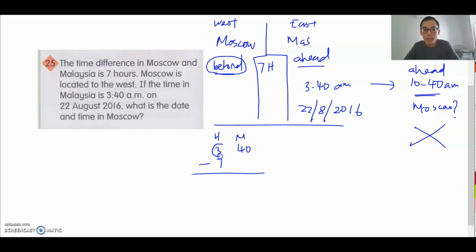Now, this 3 here, we can plus 12 hours, because it's a next day. So 3 plus 12 is 15. Then we minus. 0 minus nothing is 0. 4 minus nothing is 4. 15 minus 7 is 8.